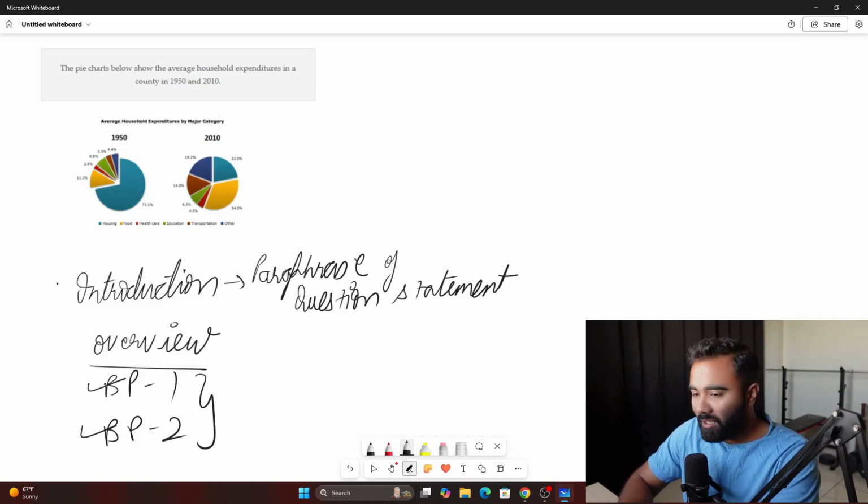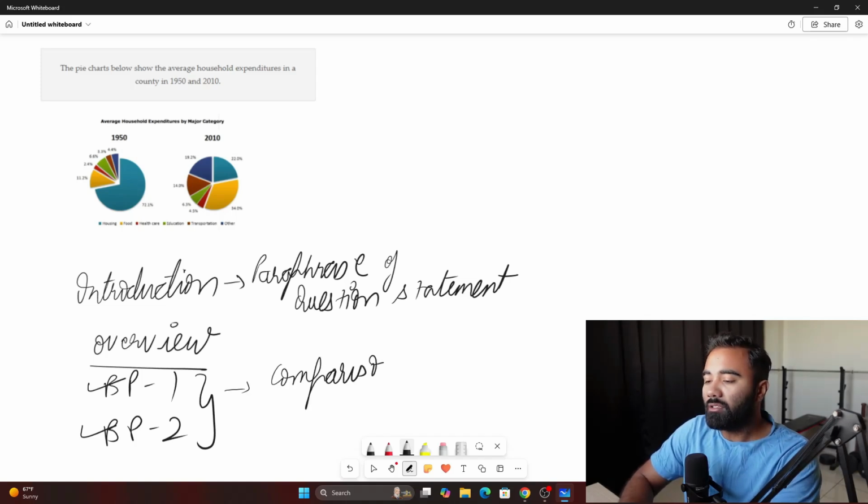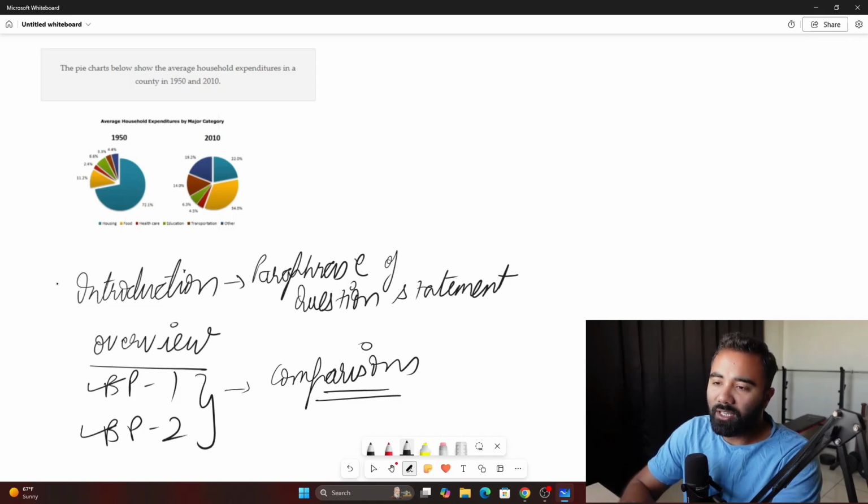One thing that you are supposed to mandatorily include in your body paragraphs is comparisons. Do not simply frame sentences out of the data points that are given to you and call it a details paragraph. Although 2 or 3 direct sentences from the given graph or picture, simply stating the data point, is okay, it must have at least 1 or 2 or maybe even 3 comparisons.